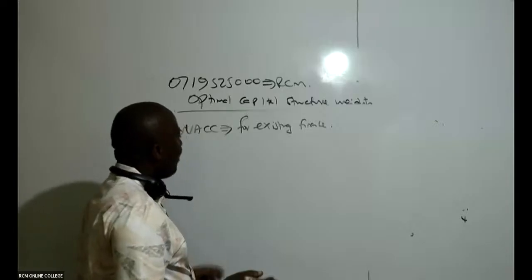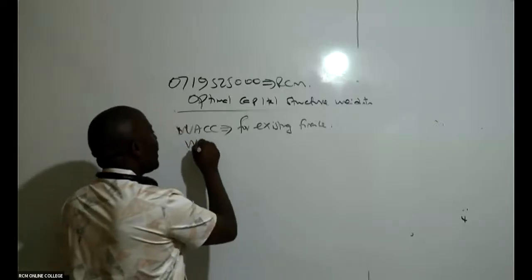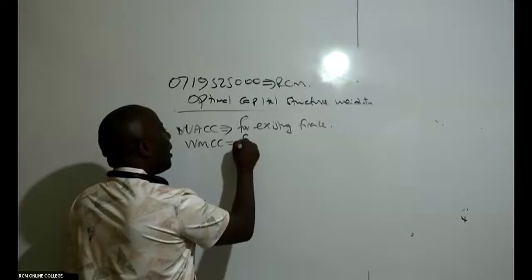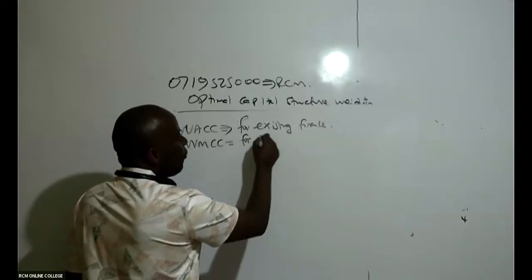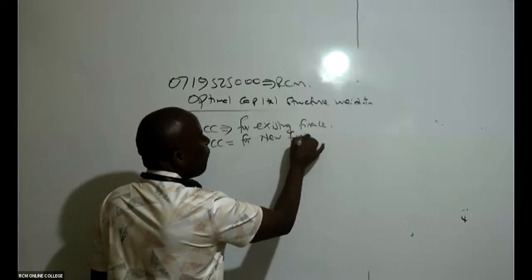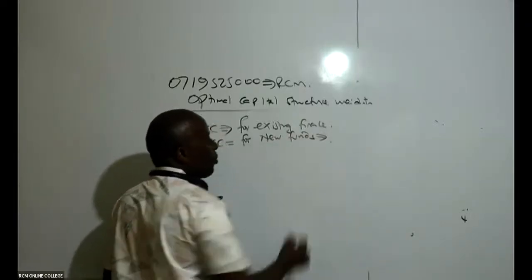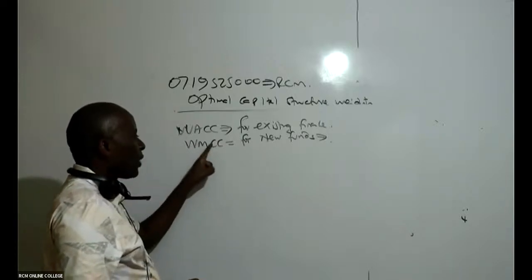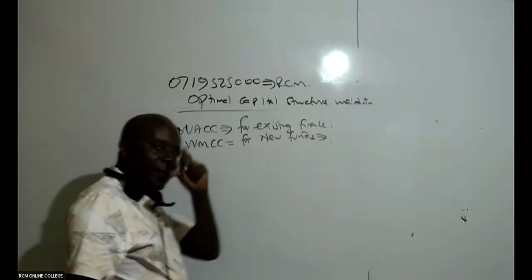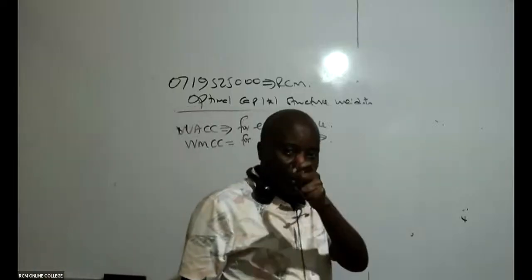But anytime you want finance for new funds, new projects, then you should get what we call the weighted marginal cost of capital. Marginal means incremental. Marginal means incremental cost of capital.